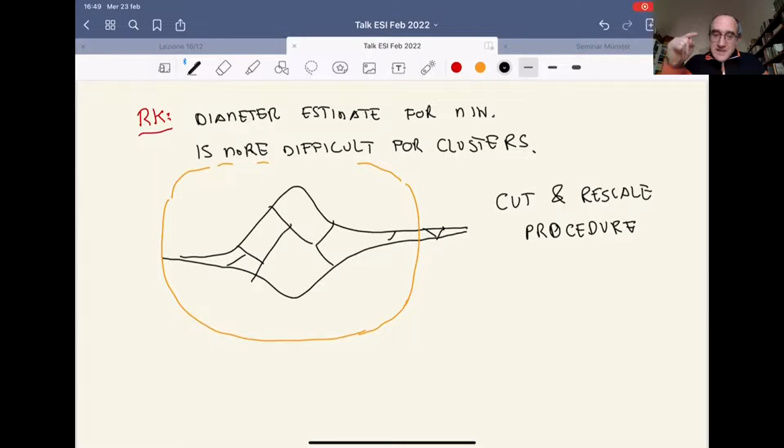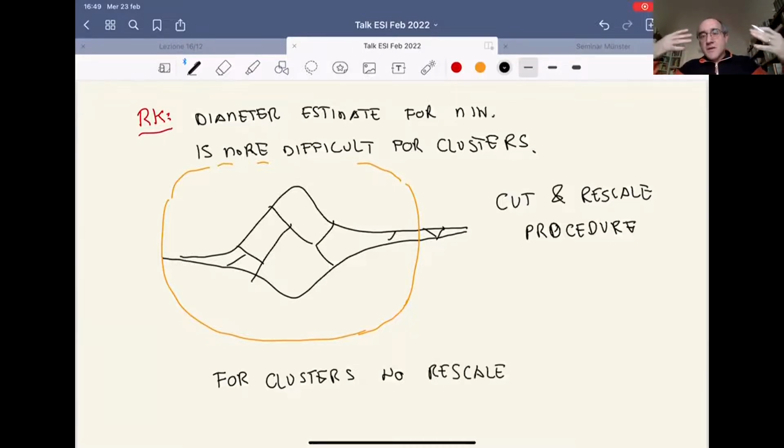As a consequence, for clusters, you need a more clever idea, no rescale. And in fact, here there is a suitable diffeomorphism done in a way to restore all the volumes, because you need all the right volumes in order to compare. And that's difficult, which is called Almgren's lemma.